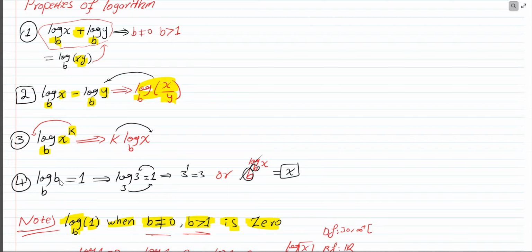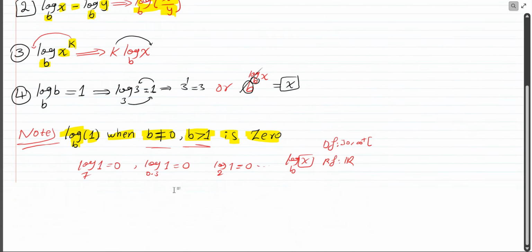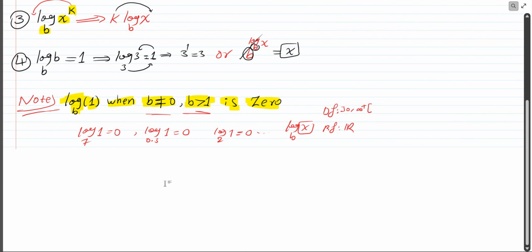If the base and the number given are the same, the answer equals 1. And even if the number is raised to the power of a logarithm, if the number and the base of the logarithm are the same, they can cancel each other. And as we said, logarithm base b of 1 equals 0.